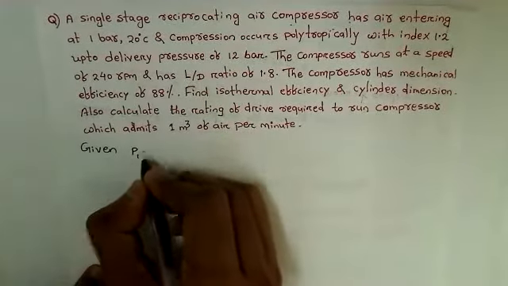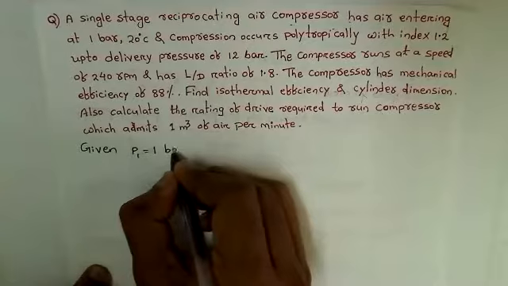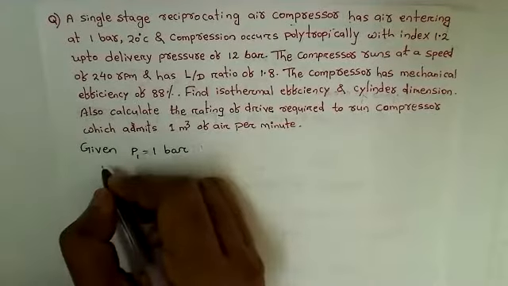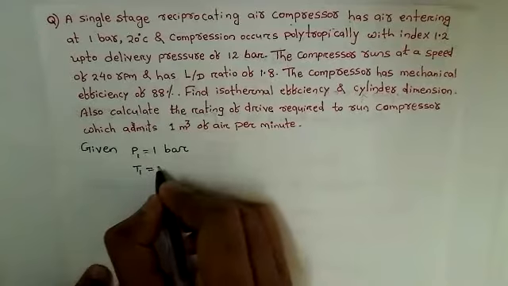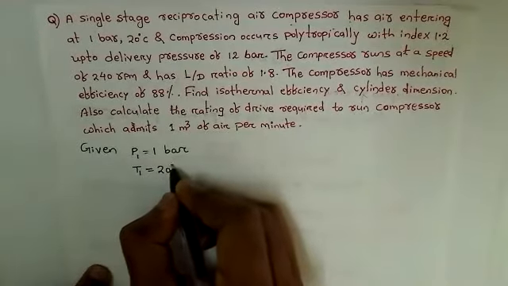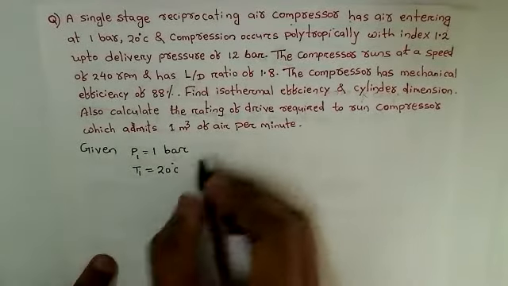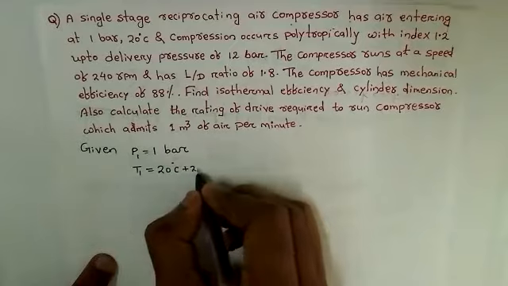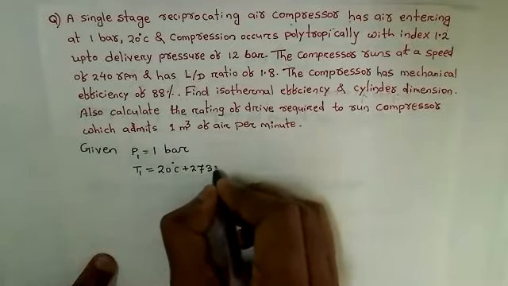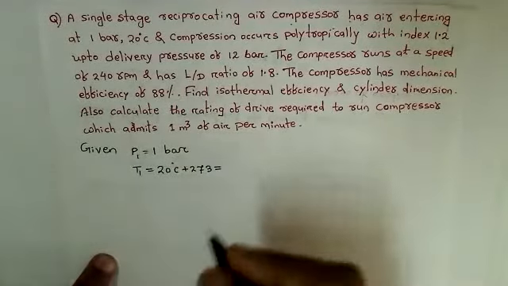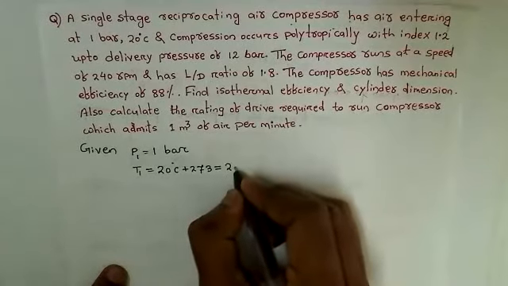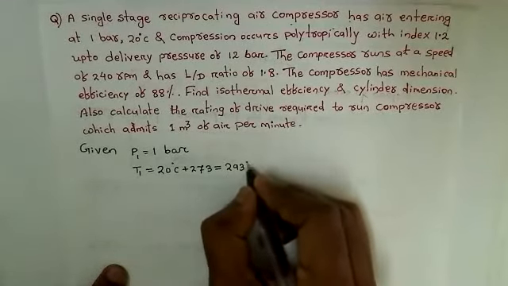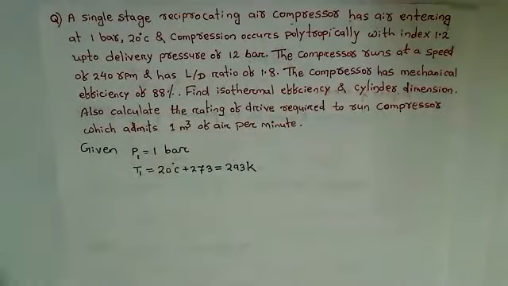So initial pressure equals 1 bar, and initial temperature equals 20 degrees Celsius. Always we have to convert this into Kelvin: 20 degrees Celsius plus 273. If we do it, we will get 293 Kelvin temperature.